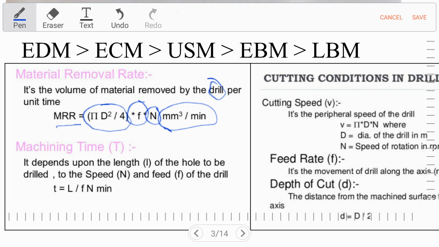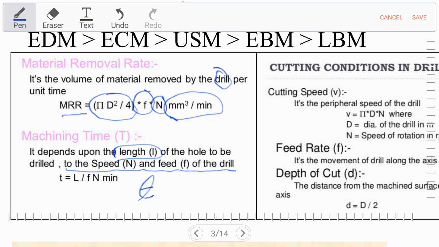The unit is very important. The machining time depends upon the length of the hole to be drilled, the speed N and feed of the drill. The machining time is denoted by T is equal to L by F into N, and the unit is minute.